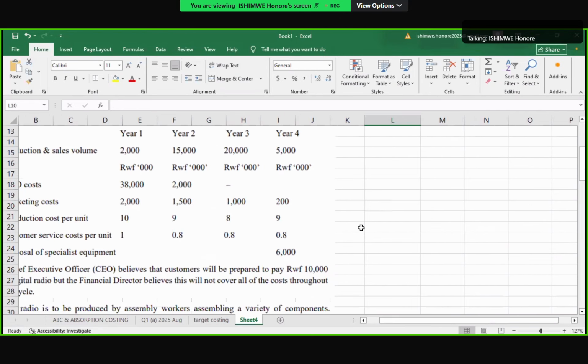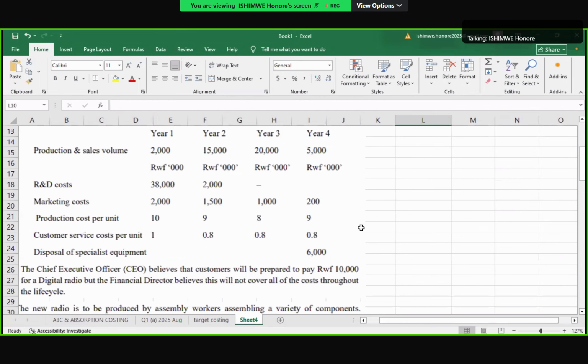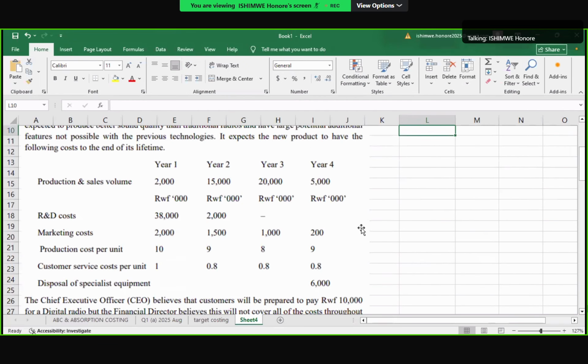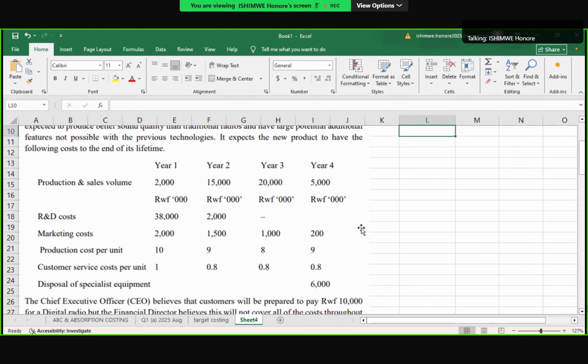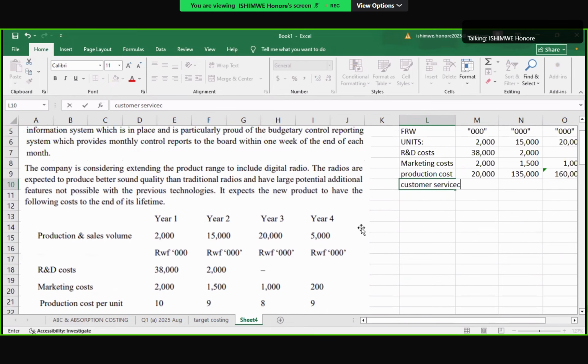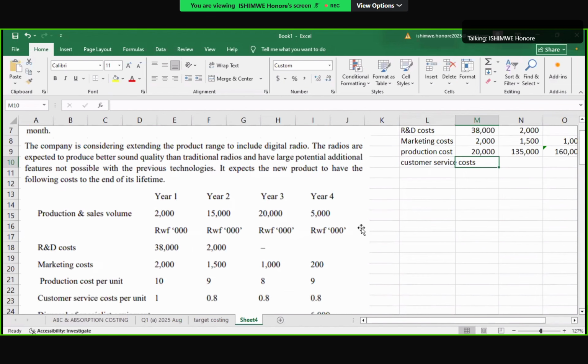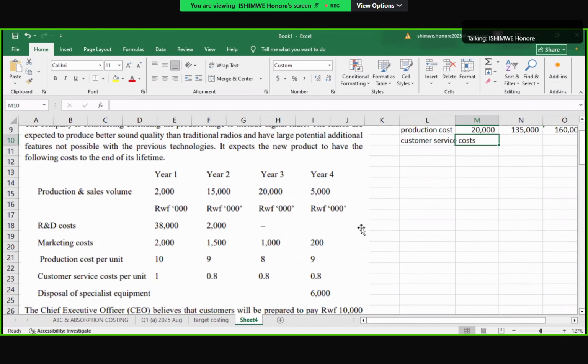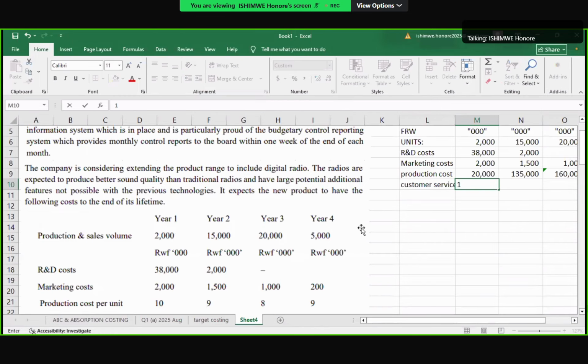So we have customer service cost per unit. We need the customer service cost for the whole unit now. So we can say customer service costs. We have 1, 0.8, and okay, it is 1 and 0.8.